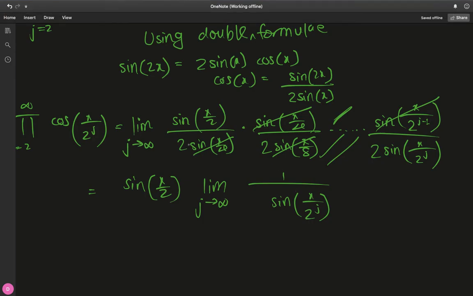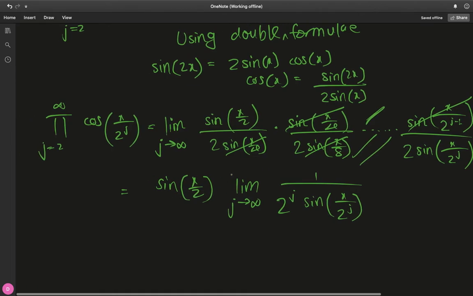But remember that we are also multiplying 2 j times, because if we take the limit as j goes to infinity, we're multiplying 2 with itself j times. So this is going to be 2 to the j, accounting for all these different 2's.